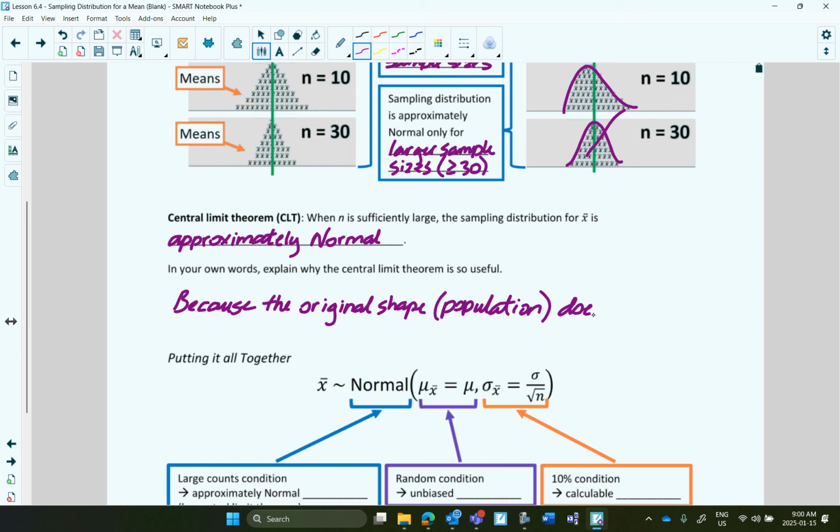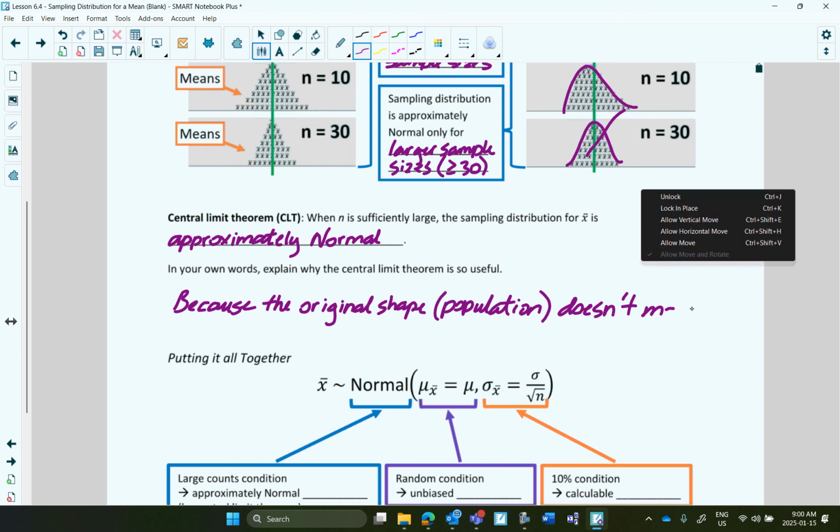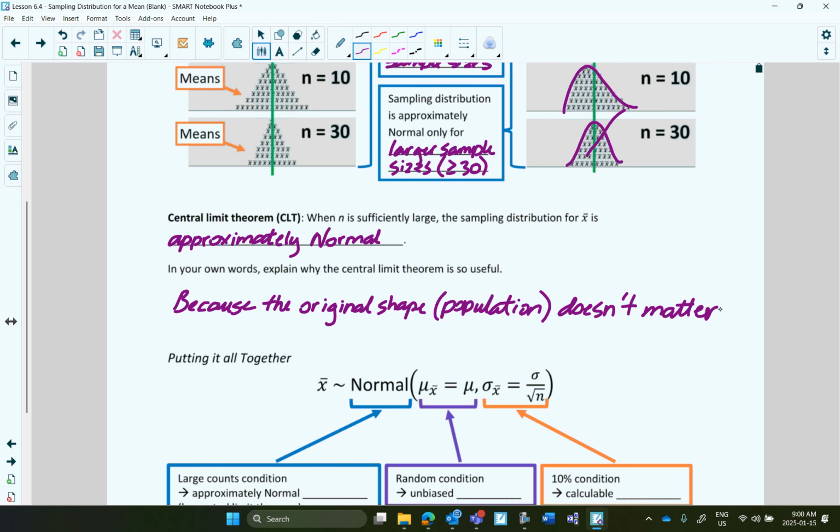As long as your sample size is big enough, it's going to become normal, whatever the original shape of the original distribution.